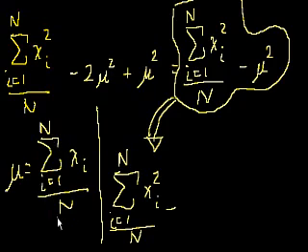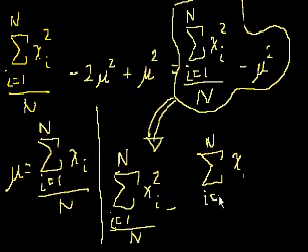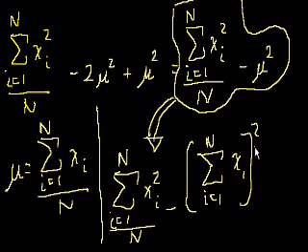So this thing squared. So this thing squared is what? x sub i, take the sum up to n, i equals 1. You're going to square this thing, and then you're going to divide it by n squared, right?